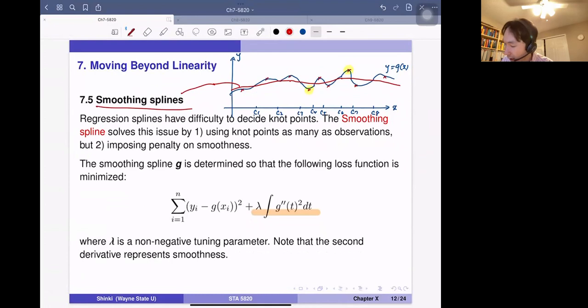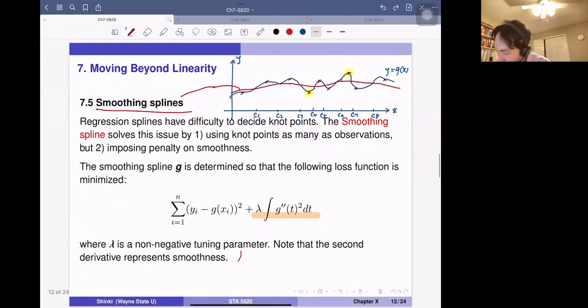If lambda is large, then the fitted line is smooth. The smoother g(x) is, the closer it is to a constant or a straight line, so it's a simpler curve.